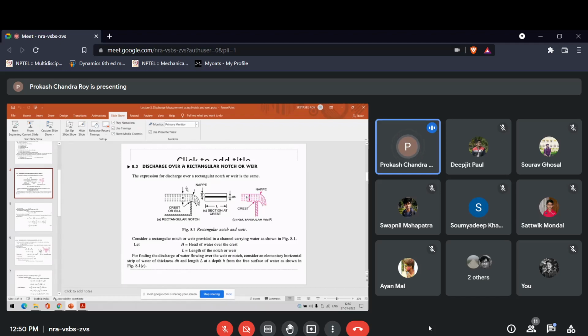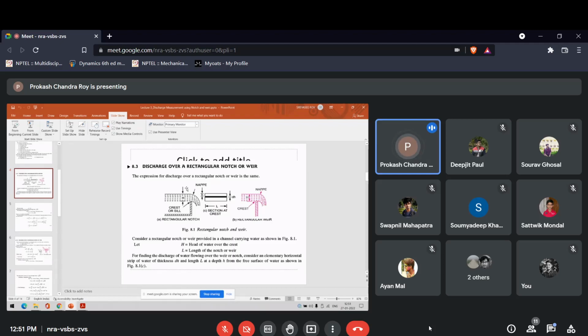Basically, v is equal to root over 2gh. But towards the notch, there will be a certain velocity. So the actual velocity will be slightly more than the theoretical velocity we have considered.